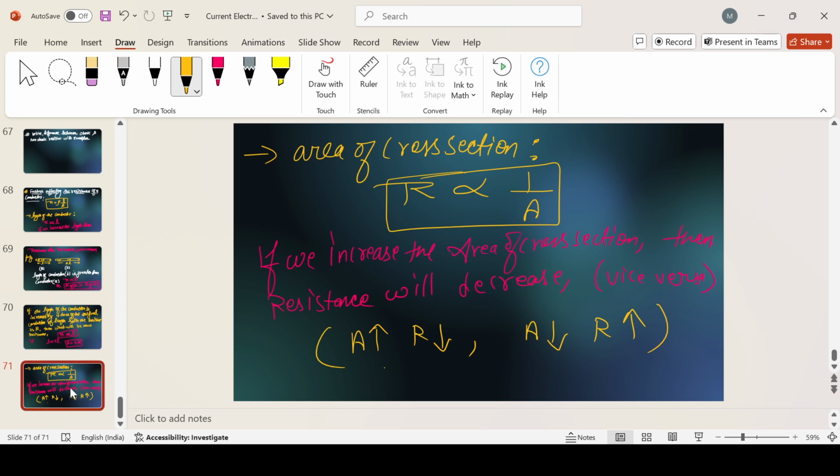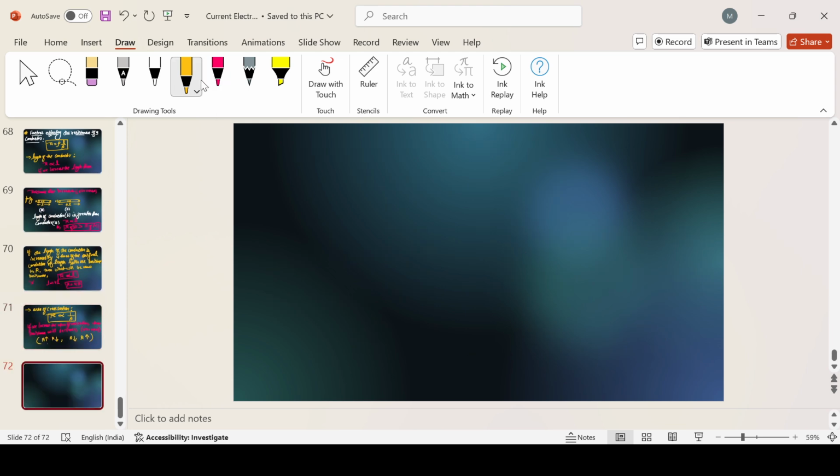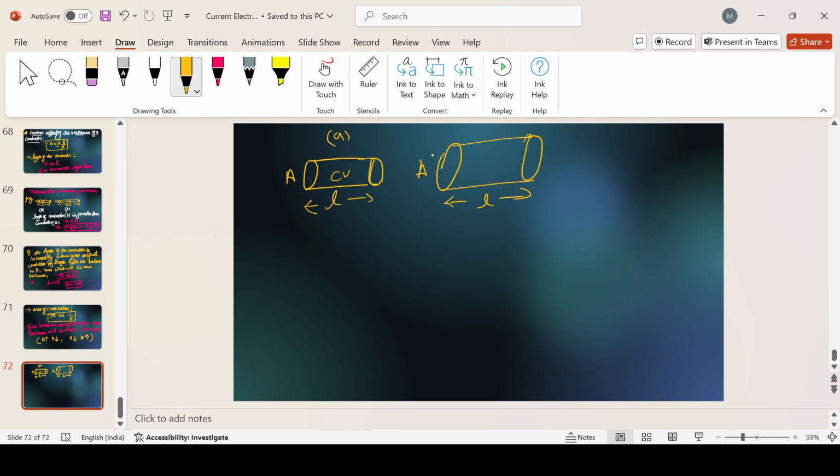So for this case, if I take the scenario where the area of cross section is A for a conductor of length L, then another conductor of the same length L is taken, of the same material, copper only, and the area of cross section becomes double, and that is B. So which has more resistance now, A or B?